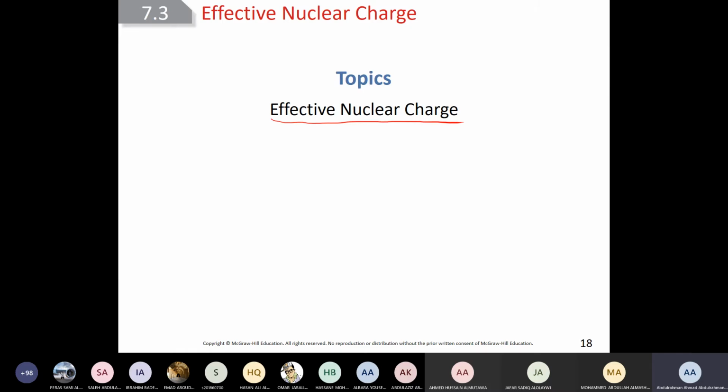Effective nuclear charge. Now, what is Z? When we have any element, like for example sodium, Na, what letter do we write here? Z. And at the top? A. What is Z?